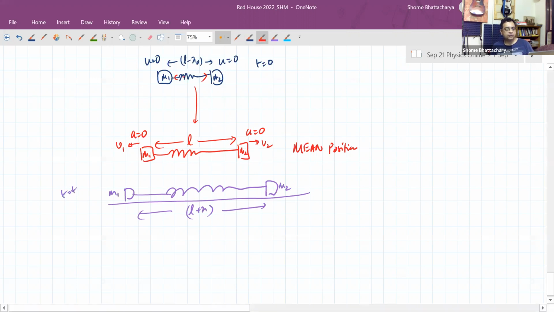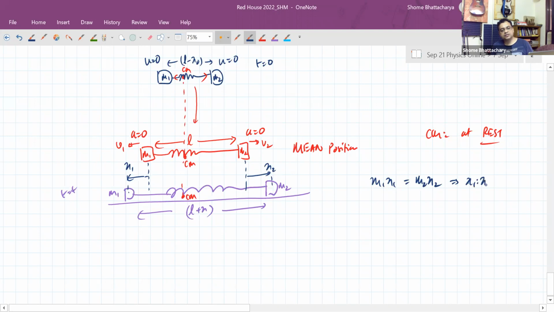But all this while the center of mass is remaining stationary. The center of mass is here. Here also it is at the same position. Here also it remains. So center of mass is at rest. So keeping that in mind, with respect to the mean position, if this block has made a displacement of x1 and this block has made a displacement of x2, you can see that m1 x1 is equal to m2 x2.